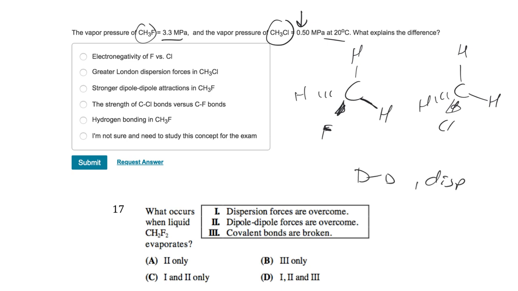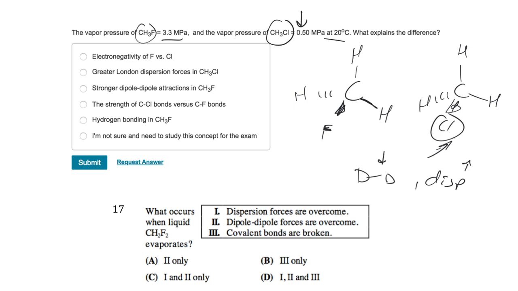And in the case of CH3Cl, we might be thinking it at least has a bigger chlorine, so it might have a greater dispersion force, but it's also probably less polar because the carbon-chlorine bond doesn't have as great of an electronegativity difference. So this compound here might be lower in dipole-dipole force, but higher in dispersion force.